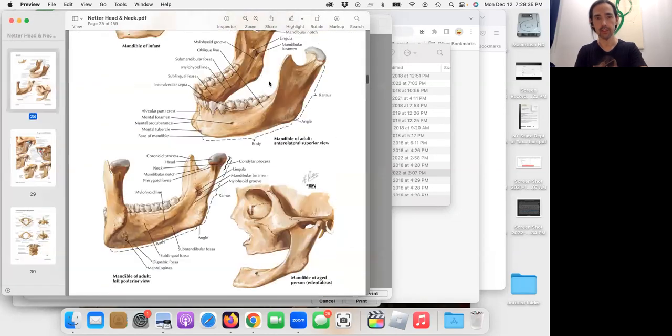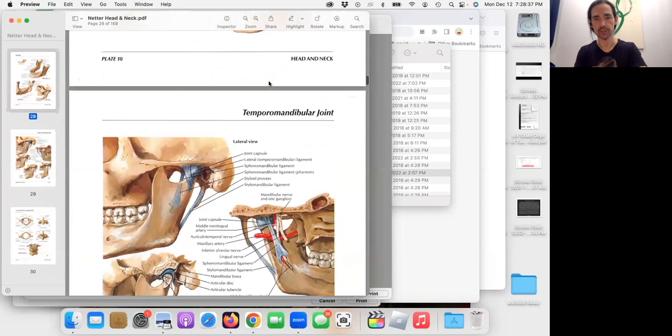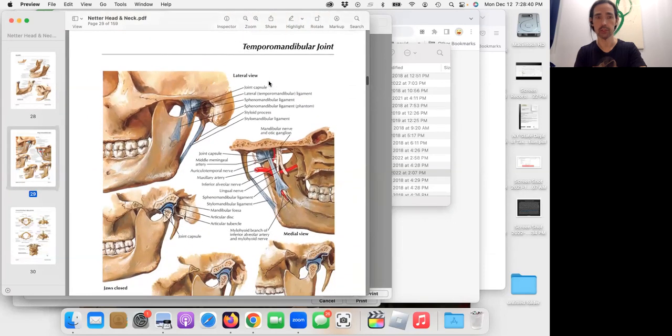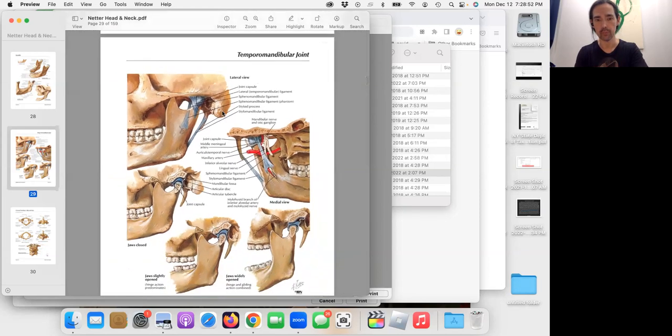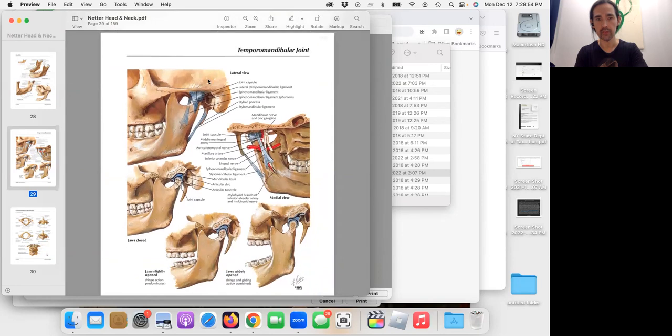Okay, joints of the skull. If you wanted to, you could really go crazy with all these joints, but the major one I know for sure you're going to need to know is the temporomandibular joint. You've heard of TMJ, right? So here's the temple area.